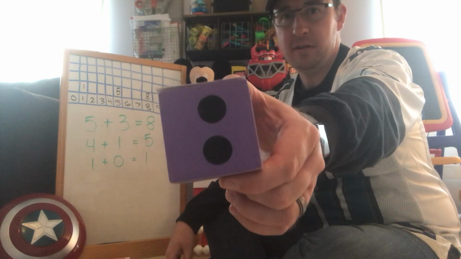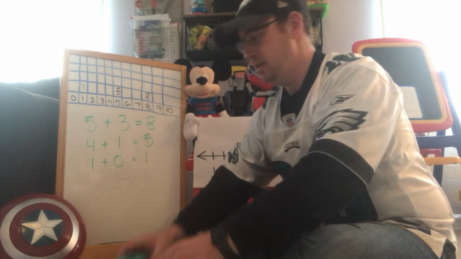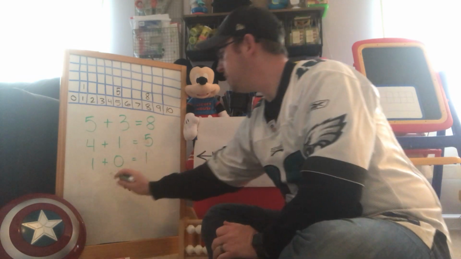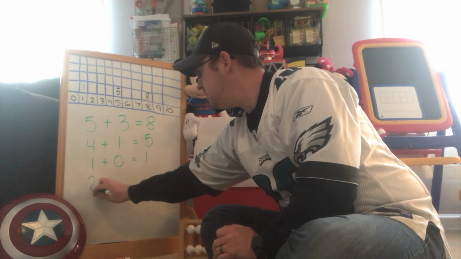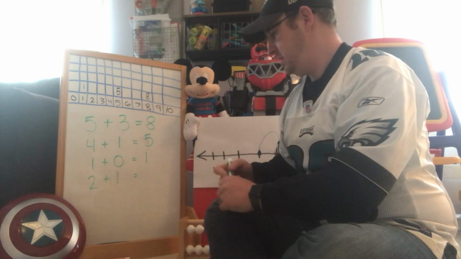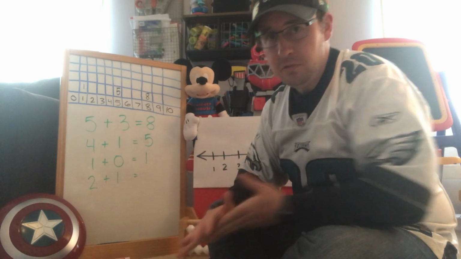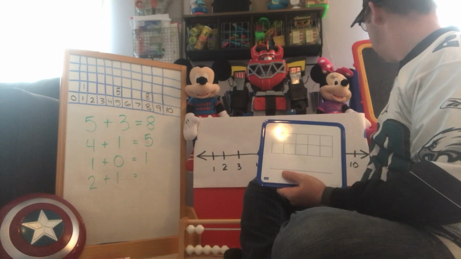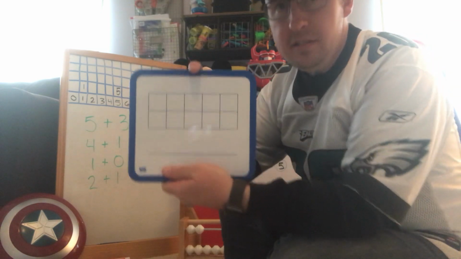Okay. This time I rolled a 2 and a 1. So my number sense would read 2 plus 1 is equal to something. All right. I'm going to get my other tool here. I have a 10 frame. And I have some counters. So here's my 10 frame.